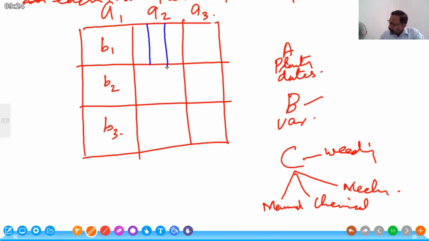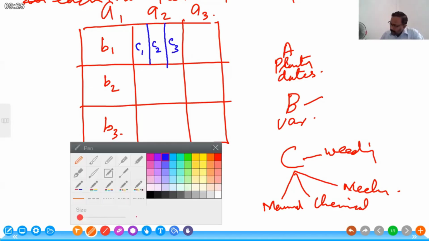So let's say this is C1, C2, C3. How many sizes of plots are there in this example? 3 sizes.